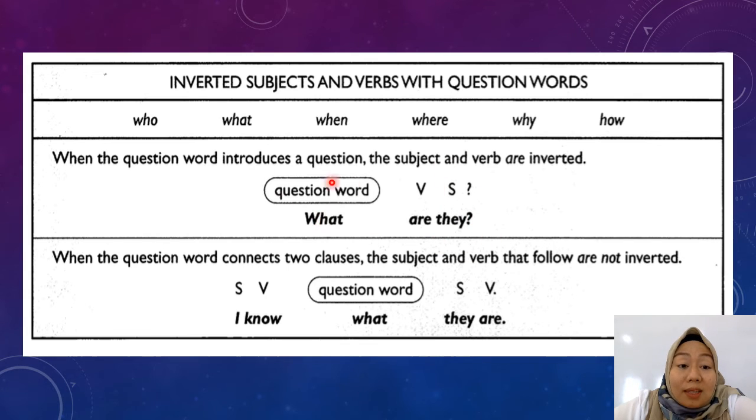So what here forms a question. So what are they? Not what they are. But when the question word connects two clauses, the subject and verb that follow are not inverted. When the question word functions as the connector, then the subject and verb are not inverted. I know what they are. Subject and verb.